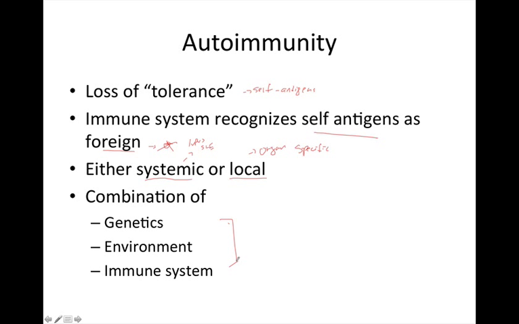However, we do know that there are genetic components to this. Typically, with most autoimmune diseases, if it's in the family history, you run the risk of developing it yourself. There's been a lot of studies done on gene mutations and the promotion of the development of autoimmune diseases. Some other factors, for example, gender, play a role.